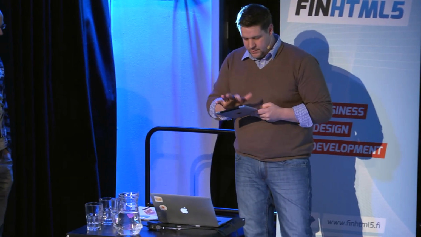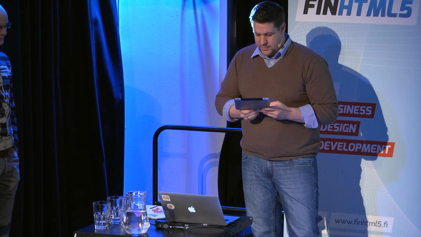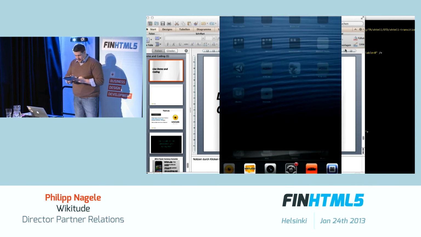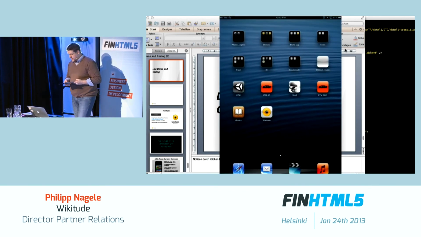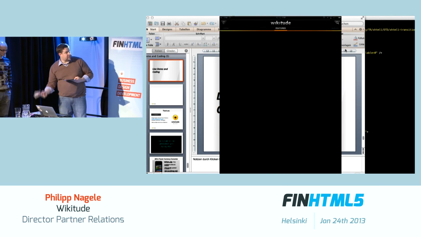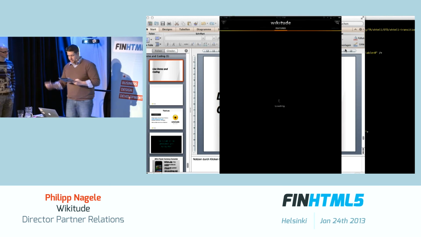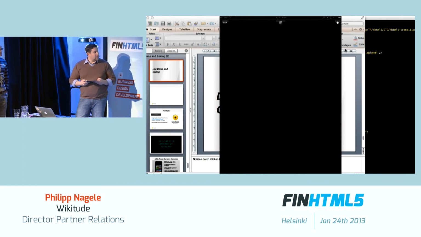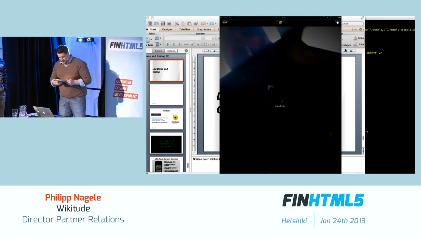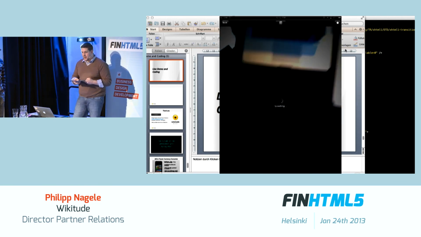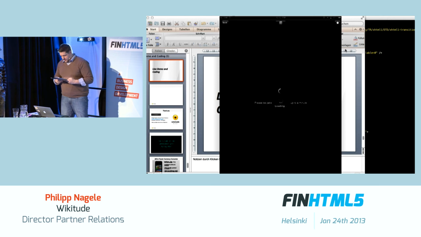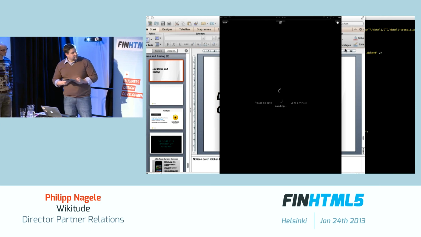Sorry, it's kind of not really stable here. What we did is we're augmenting standard Euro notes, right? That's not prepared or something like that. That's an application you can use in the standard Wikitude application. It's called Scan Your Money, and it helps to detect the security features of a banknote.